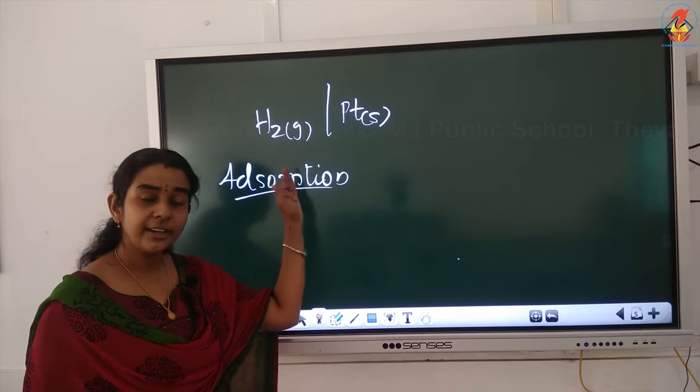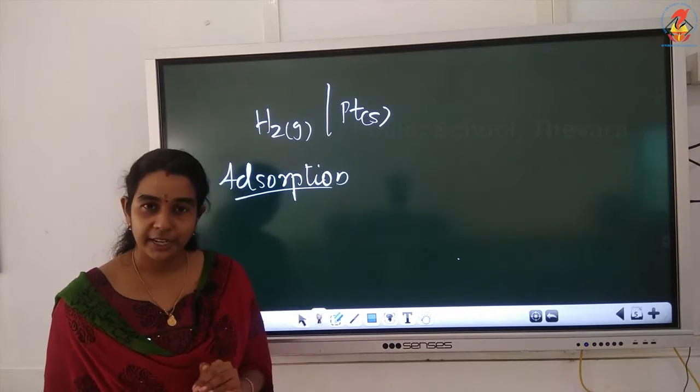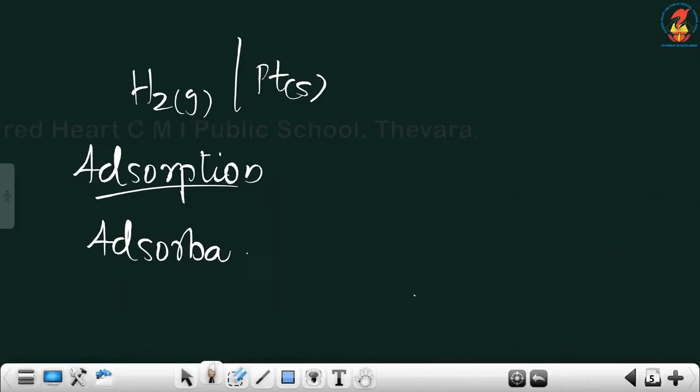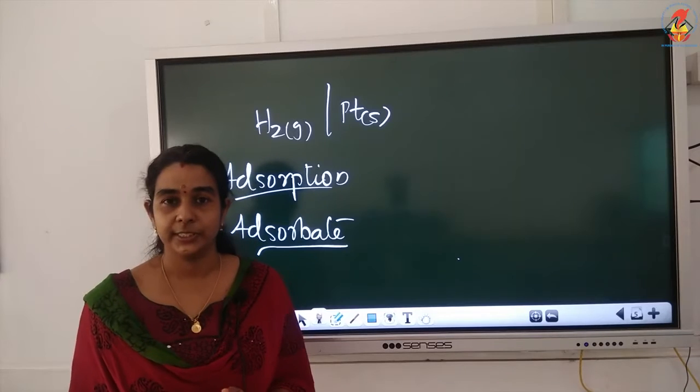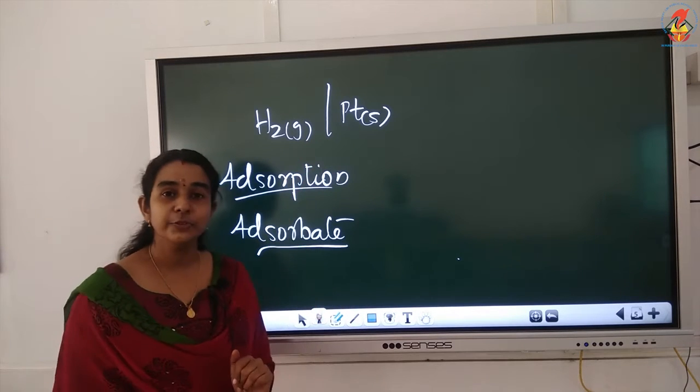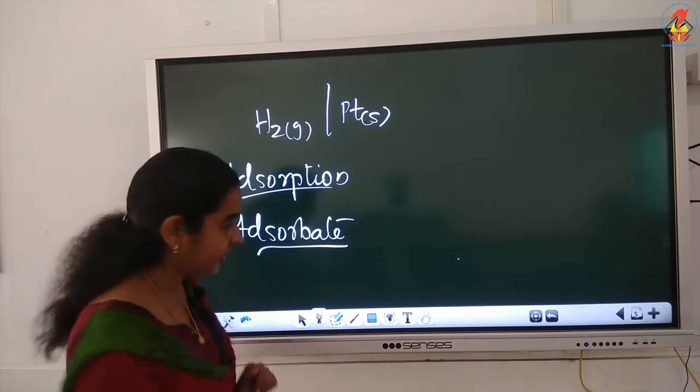Now the hydrogen gas adsorbing on the surface of platinum will be called the adsorbate. That means the molecular species which are adsorbing on the surface are called adsorbate, and here the platinum surface will be called the adsorbent.